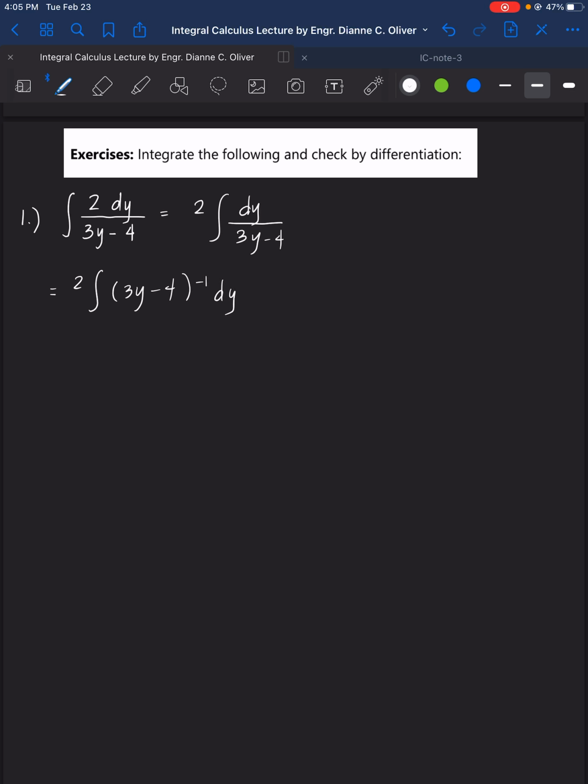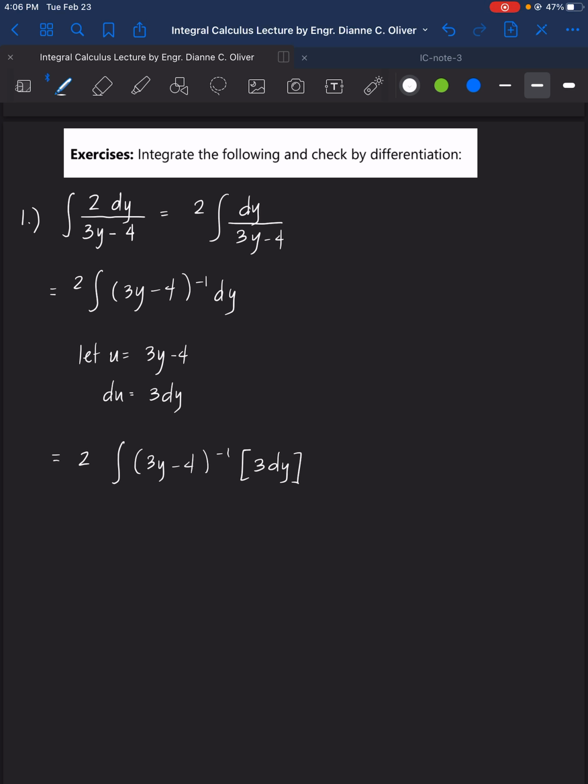So if we are going to use power formula, then we will let u is equal to 3y minus 4, du is equal to 3 dy. So insert in the pattern. So 2 is already there. Integral of 3y minus 4 raised to negative 1, then 3 dy.